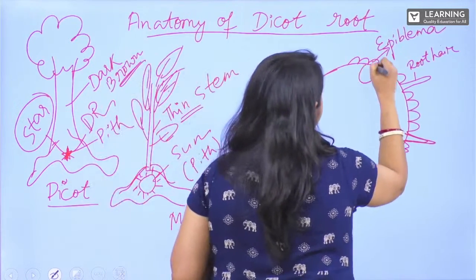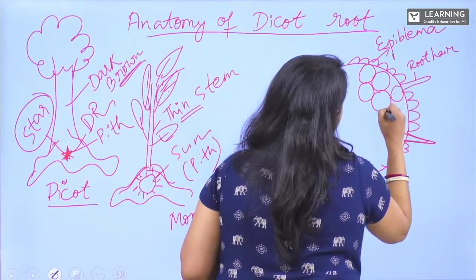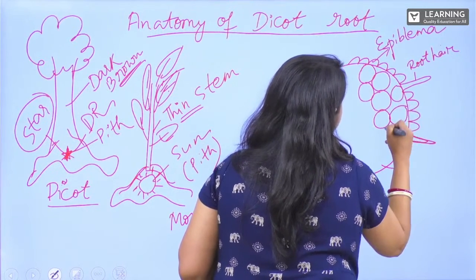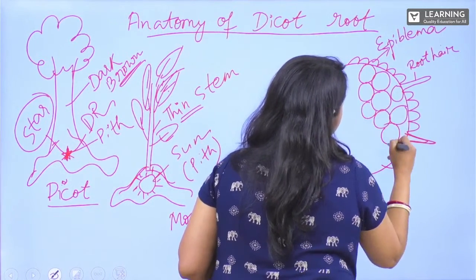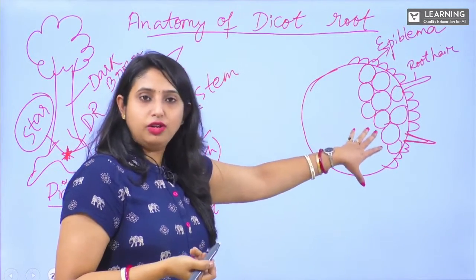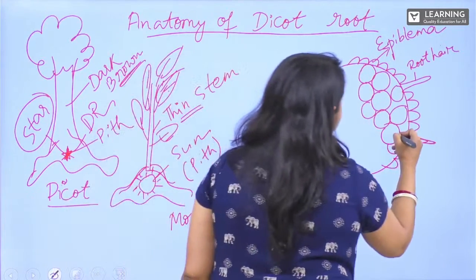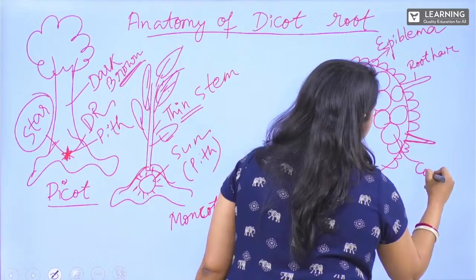Here the parenchymatous cells are present and they have got intercellular space between them. This parenchymatous cells with the intercellular space, we call it the cortex. So these are basically the cortex.